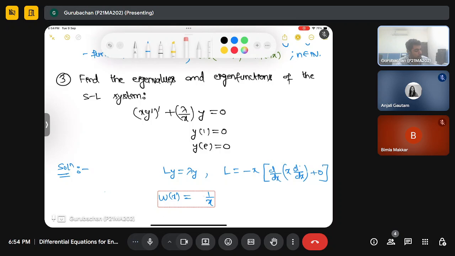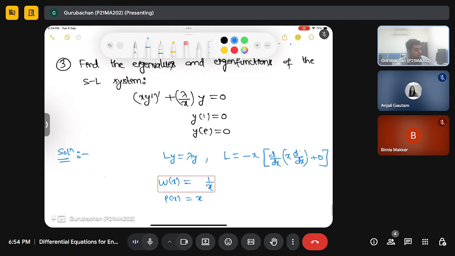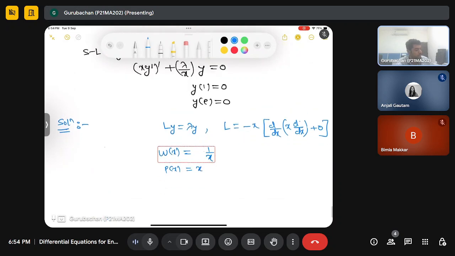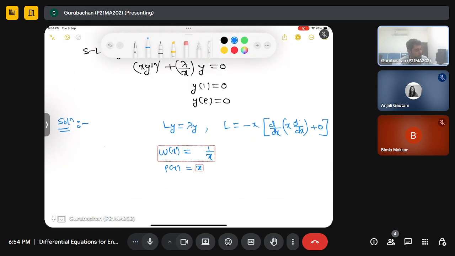And your p(x) is here x, which is positive on 1 to e. Since we are dealing with the boundary 1 and e, it will be positive in the whole domain. Similarly, the weight is also positive on 1 to e.